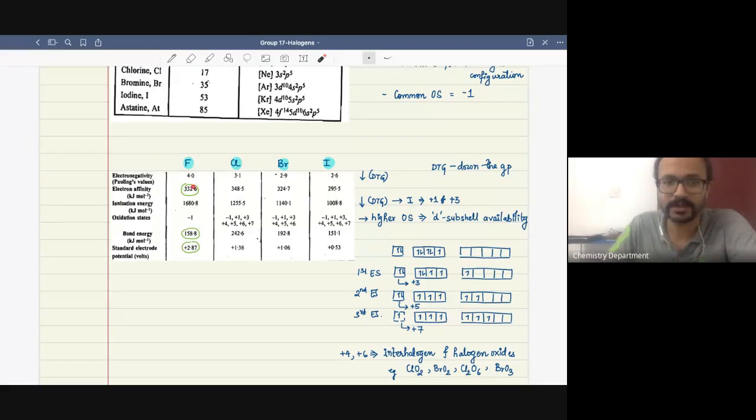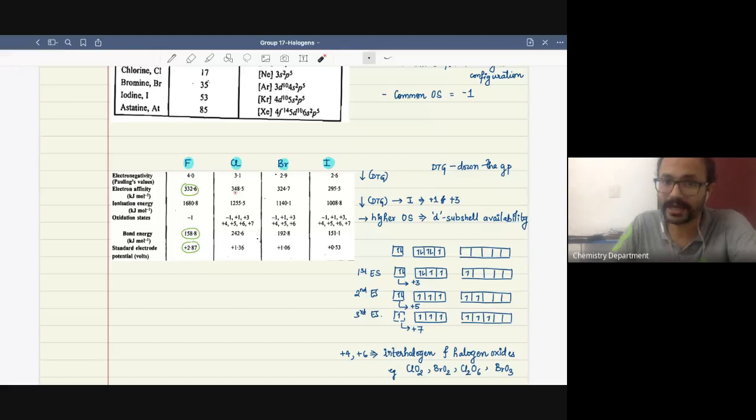But there is an abnormal thing here: there is a partial reduction, not very significant, but significant enough to show a low value for electron affinity in the case of fluorine. This is quite contrary, because fluorine being highly electronegative, we expect it to have a higher electron affinity value. But the electron affinity value for fluorine is lesser than that for chlorine.